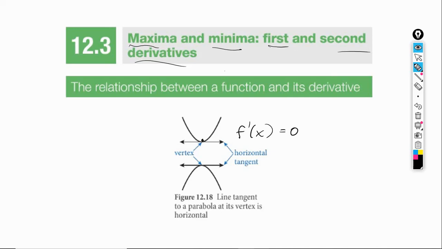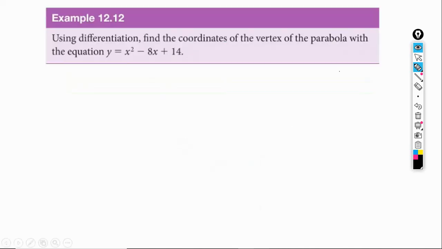Because remember, the derivative gives us the slope. And this applies to both these cases, the minimum and the maximum that we can see in these parabolas. So precisely, that is the concept that they want us to use in example 12.12, as we're going to see.